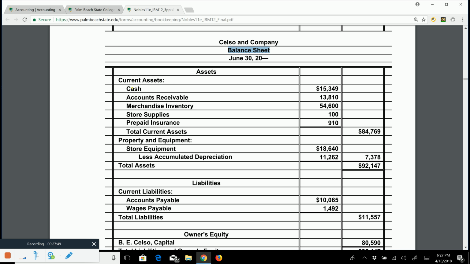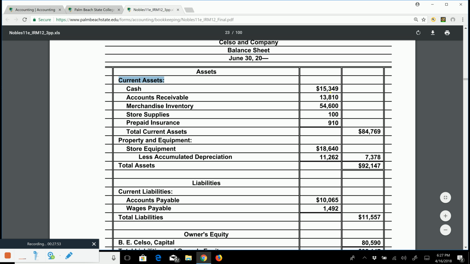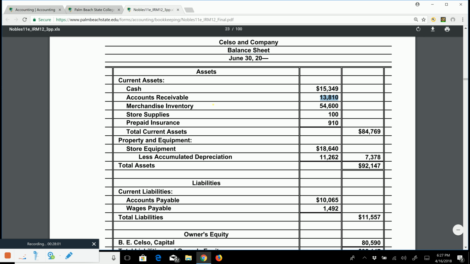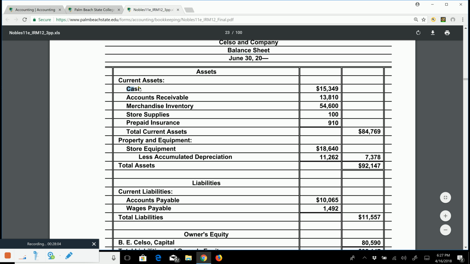You can see our assets broken up into two subcategories. First, our current assets, and these are those assets that are going to be converted to cash or used up within 1 year of the balance sheet date. Your typical current assets, and you can see they're listed in liquidity order. We have cash, accounts receivable, inventory, supplies, and prepaid insurance. You add them all up, total current assets.